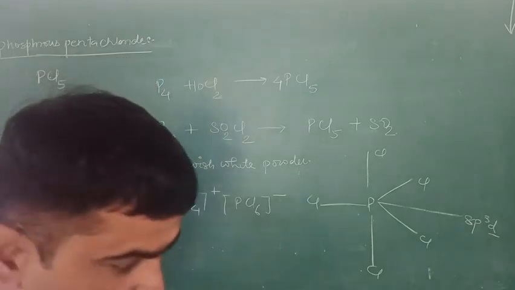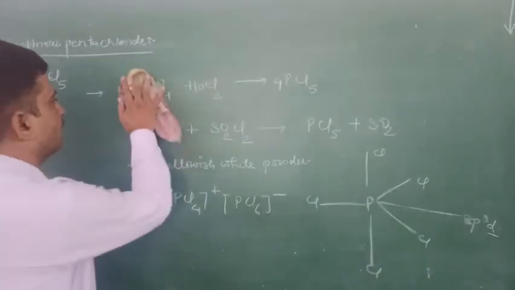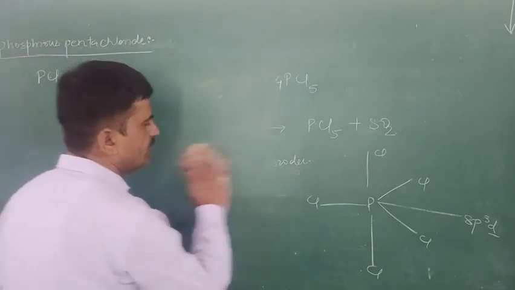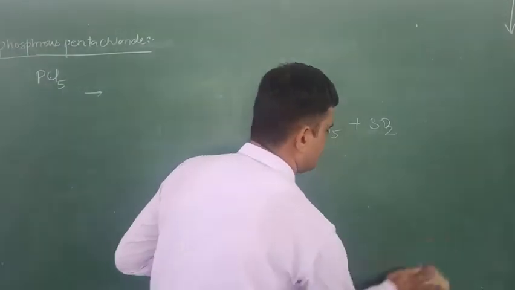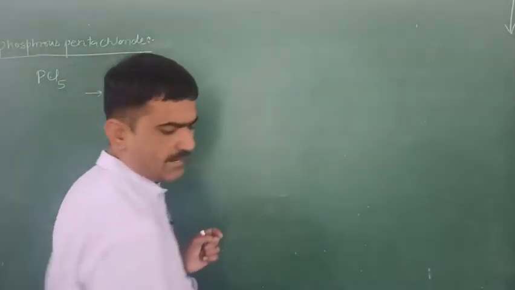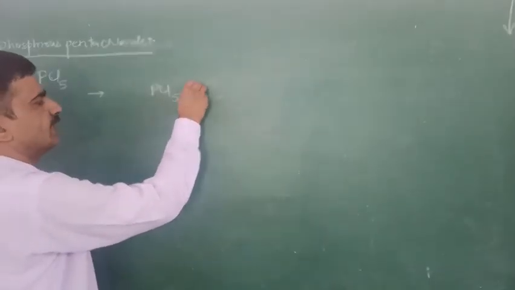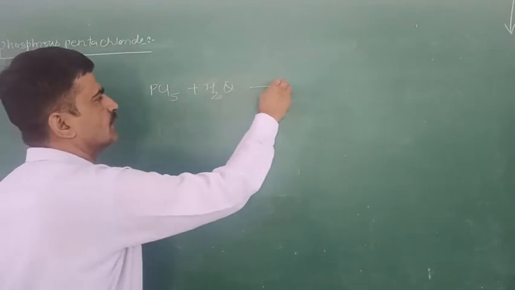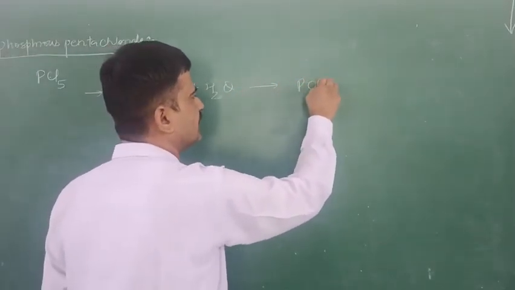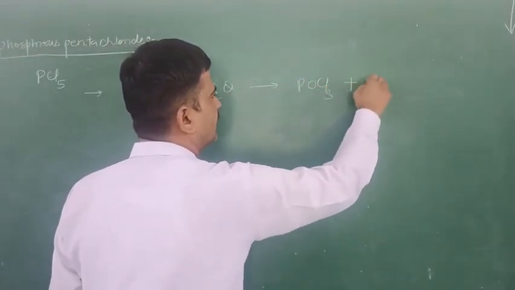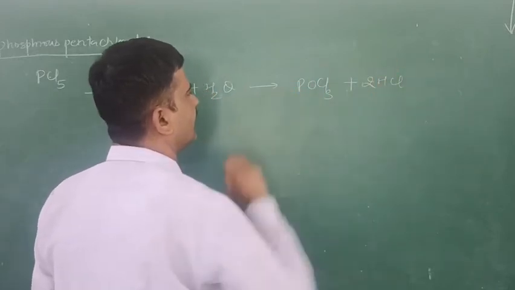Now when you put this phosphorus pentachloride in moisture, it starts to hydrolyze. This phosphorus pentachloride reacts with water and gives you POCl3 and hydrochloric acid.